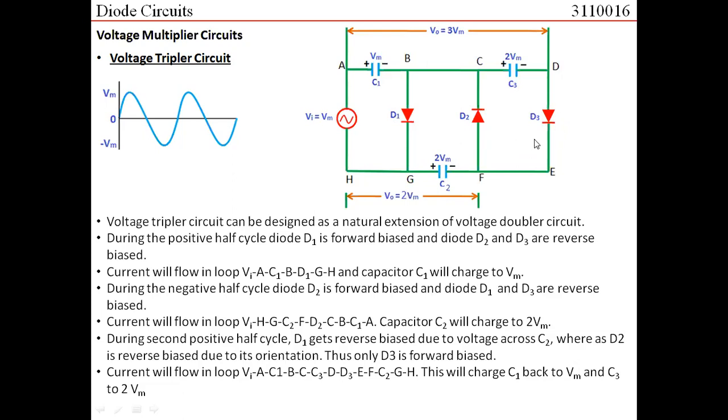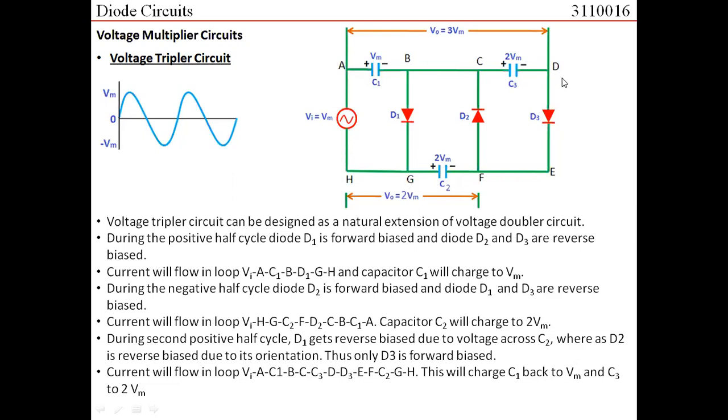So the diode D3 would become on in the second positive half cycle. The current would basically flow in the loop starting from Vin to A, to C1, C1 to B, to C, C to C3, D, D3, E, F, C2, G, H, and back to the source.